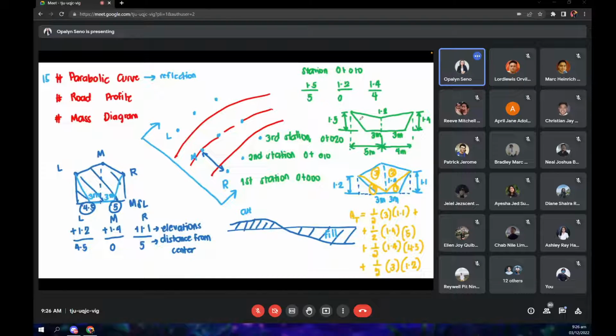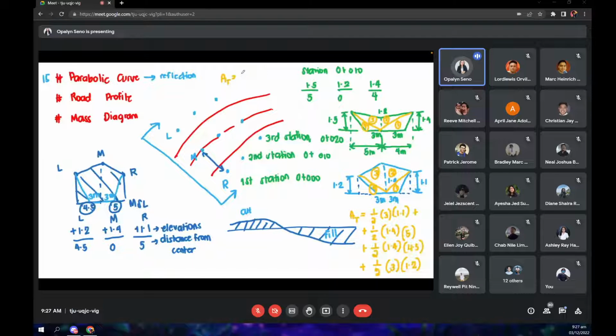Okay? So if you are going to get the area of that station, put it here. The total area for that station, you divide into triangles again. Maybe this would be your 1, then 2, then we have here 3, and then 4.